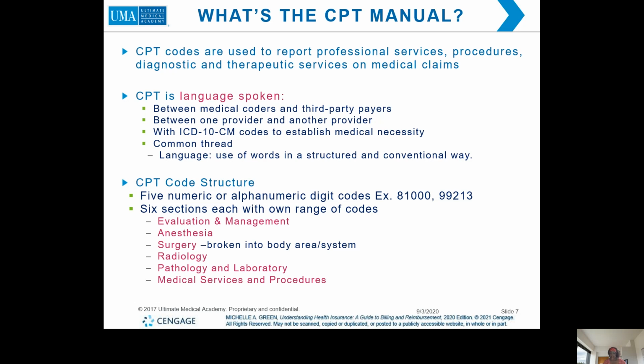The reason that's not in numerical order, it starts with the 90,000 series or the 99,000 series, is because it is the most widely used range of codes by any particular provider. Therefore, it was put in the front of the book so that it could be used and seen immediately without having to flip through it. We call evaluation and management E&M.